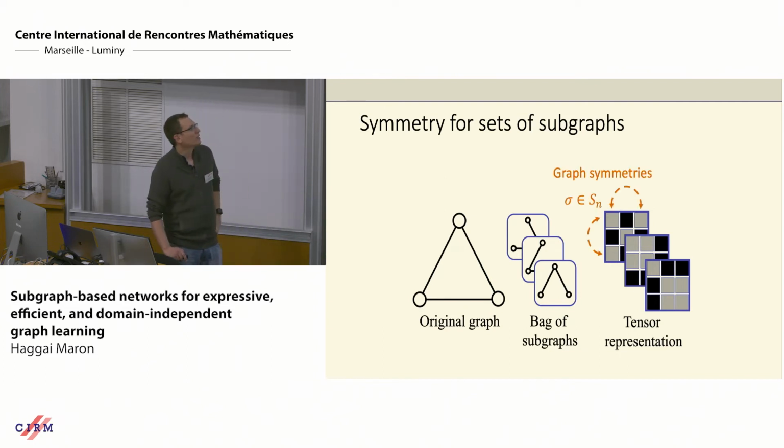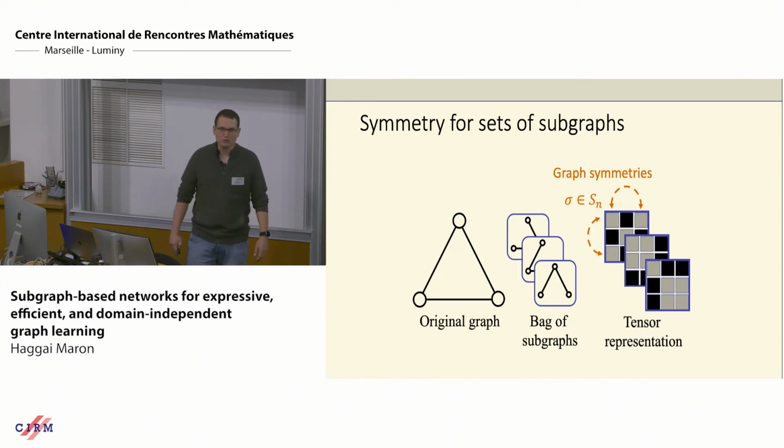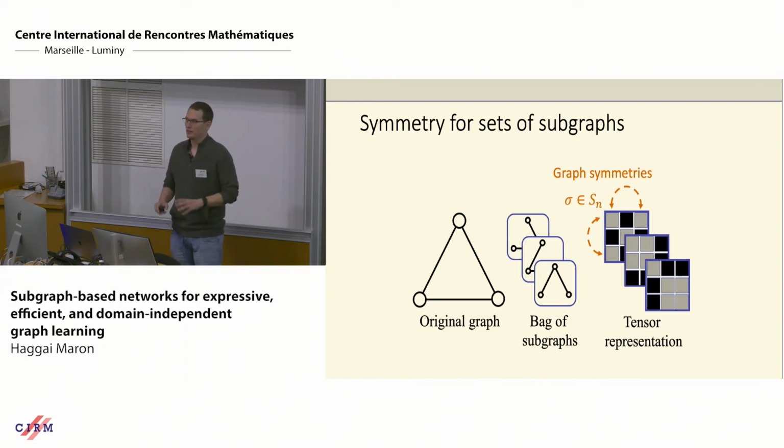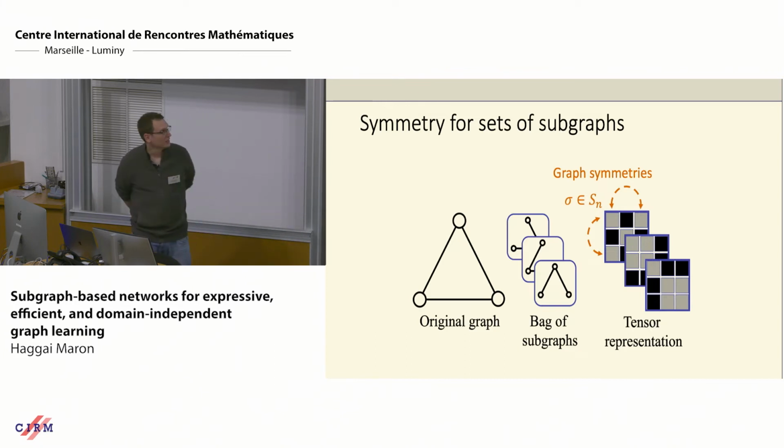So one thing we can always do is to permute the nodes of the subgraphs, right? We don't really care about the order of those nodes. And we can do this for each one of those subgraphs. By the way, they are aligned, so we can use the same permutation for each one of them. And this will be interesting in a minute.